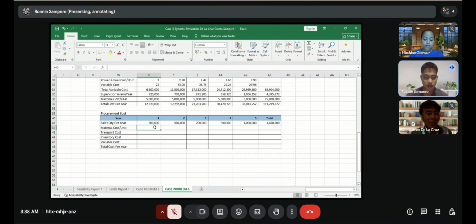So the first 2 years is 20. Then to calculate year 3, the formula is equals to year 2 times, then the 10% that rises each year, so plus 10%.